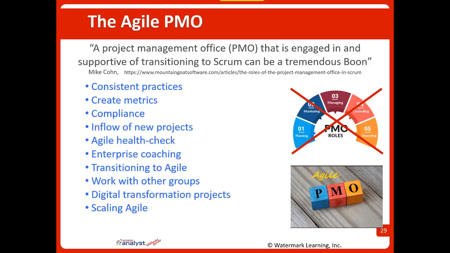These are just a few of the many things that I think an Agile PMO can do. And the more I've read, the more I think it's a better fit for transitioning experienced PMs and BAs. When I think of all the possible roles that they can play, assuming that they understand Agile, being in the Agile PMO seems to me one of the best.